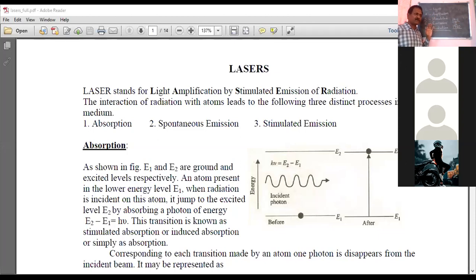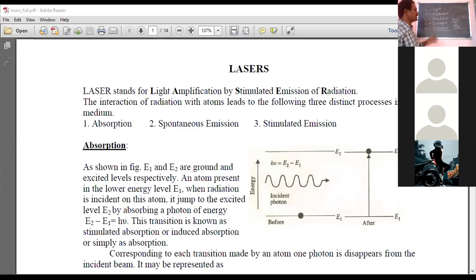Einstein proposed so many theories regarding the amplification of any type of waves by means of stimulated emission, but it was not implemented. More than 50 years it took to create laser as an output, laser as our light.